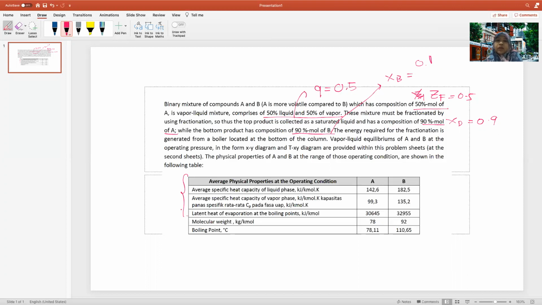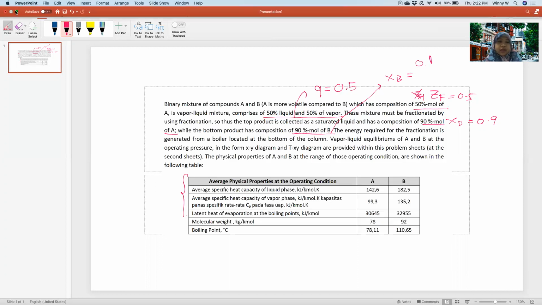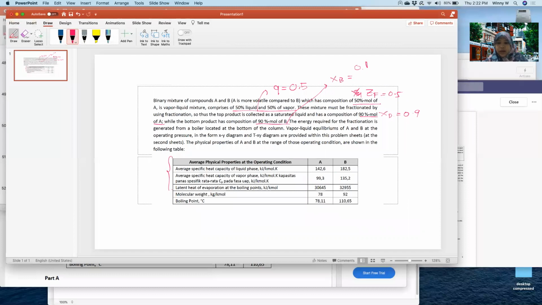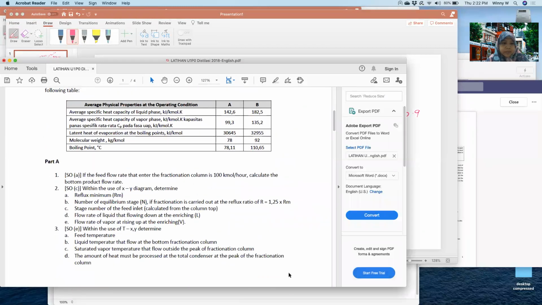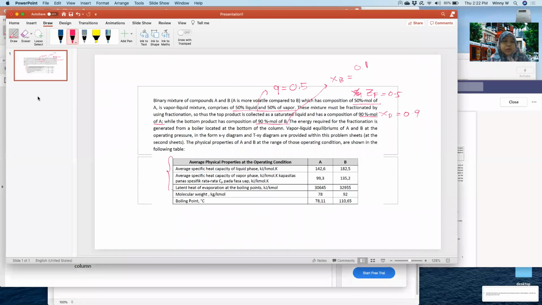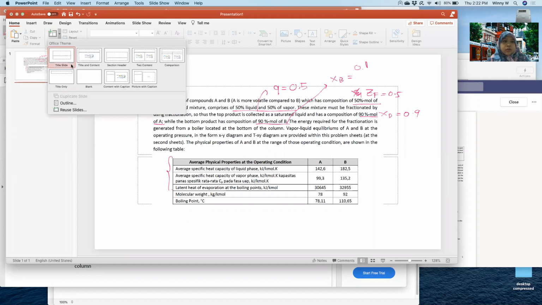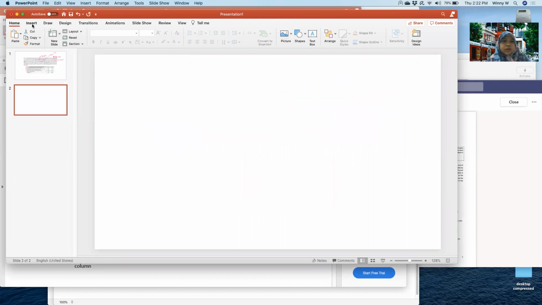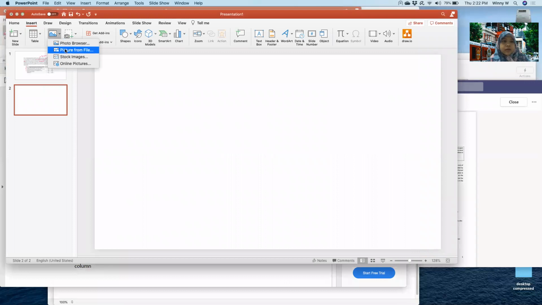Now the next one, let's see question number A. If the feed is entered into the fractionator at 100 kilomole per hour, find the distillate.